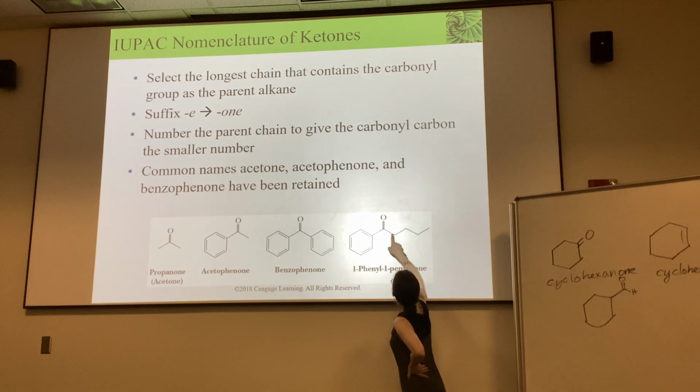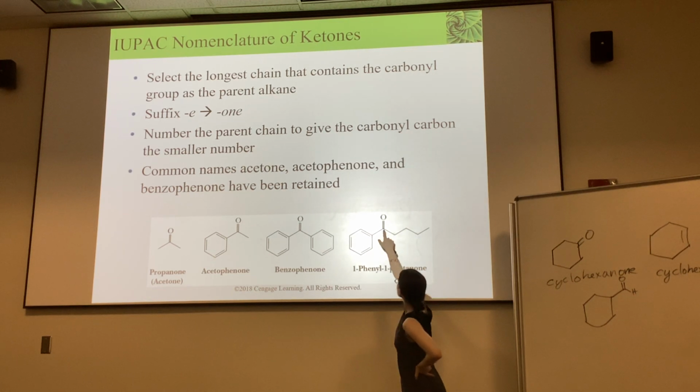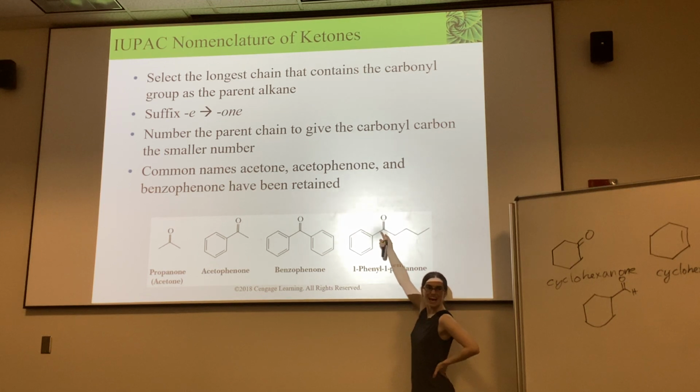So we're counting 1, 2, 3, 4, 5 carbons. Because this carbon doesn't have an H on the end, we don't get to call it an aldehyde. Yes, it's on carbon number 1, but the only way we get to call a carbonyl an aldehyde is if on this carbon there's a bond to a carbon.